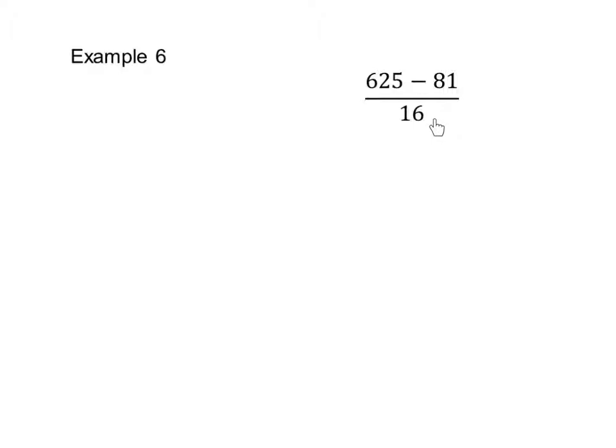Remember, this is the form that we are trying to match: x to the power of n minus a to the power of n over x minus a. So our job is to rewrite these numbers to look like that.